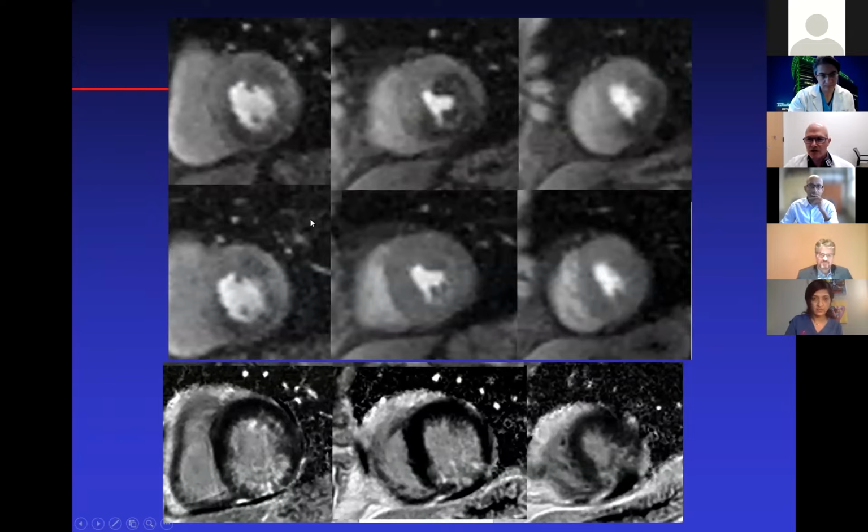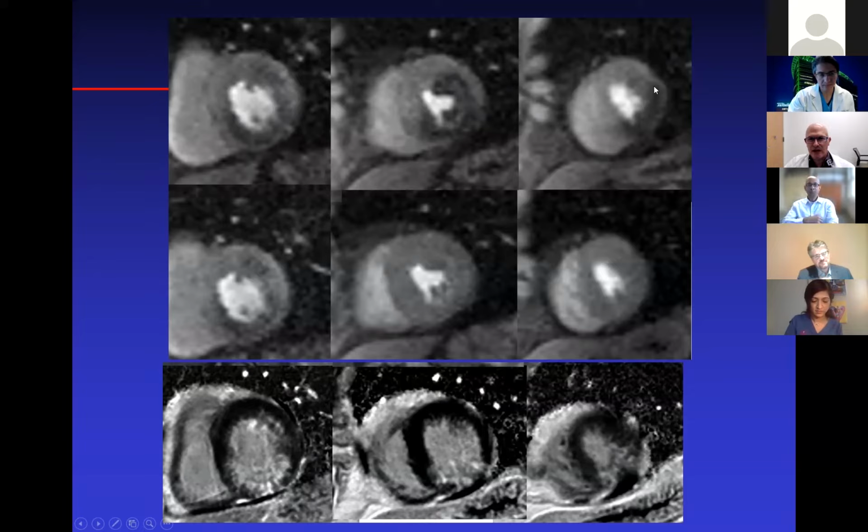I just want to take you through it quickly before we go over the details of how to interpret these and what to do. You can see that at stress, at the base, there's a perfusion defect, certainly in the inferior wall, that is also seen in the anterolateral and lateral wall at the base. At the mid slice, there's a significant perfusion defect in the inferior wall, lateral and anterolateral wall.